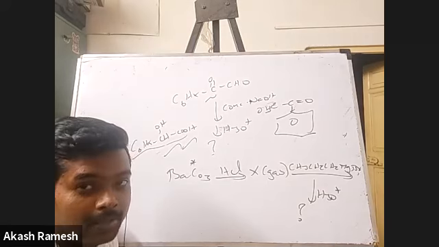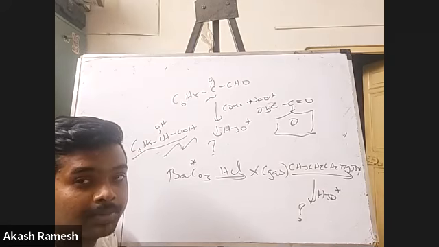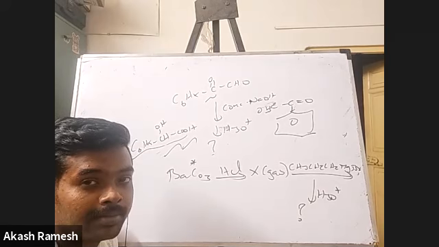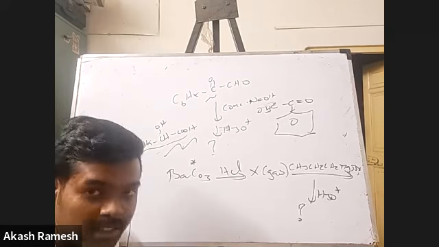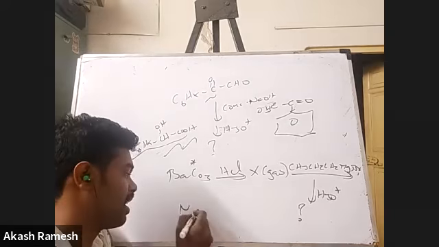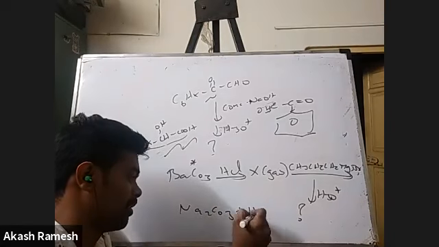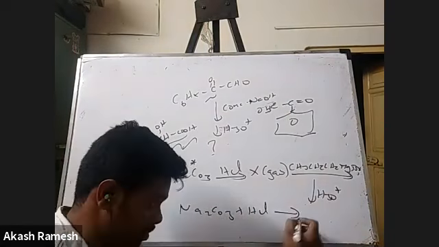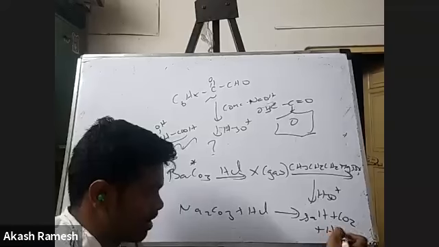Metal carbonates reacting with acids. What are the products? For example, if I have say Na2CO3 reacting with HCl, what all will be the products? Salt, carbon dioxide, and water.